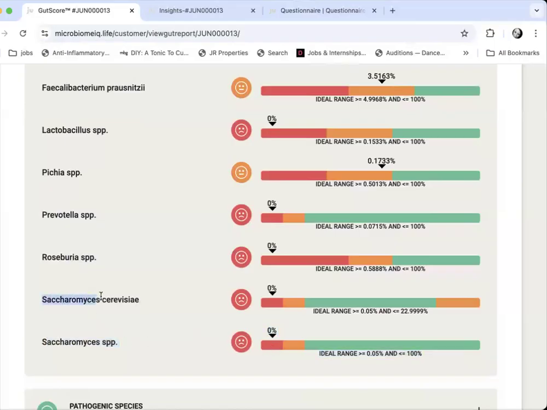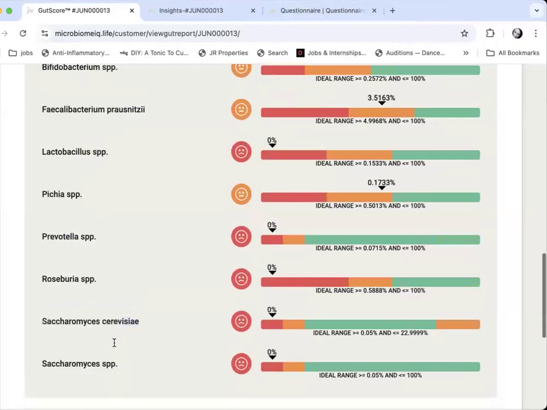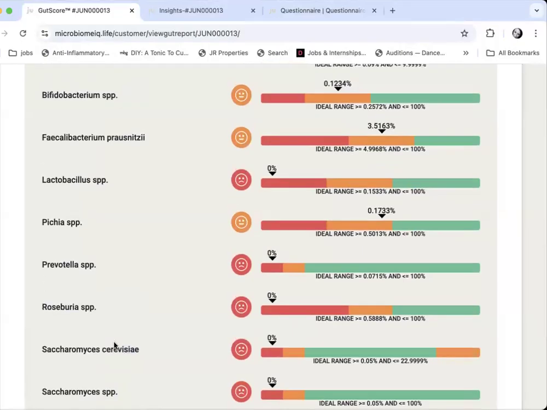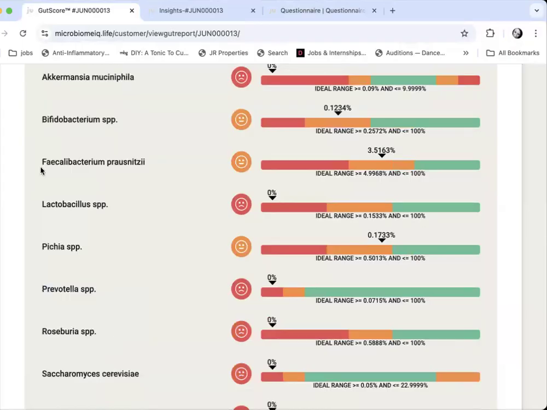Whereas for Saccharomyces cerevisiae, for example, this bar specifically is telling us how much space Saccharomyces cerevisiae is taking up in the gut. And Saccharomyces cerevisiae is a subset of Saccharomyces spp. So just in case you're not well versed in the gut space just yet, that's what that means.